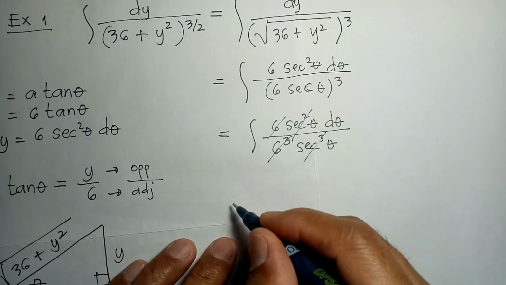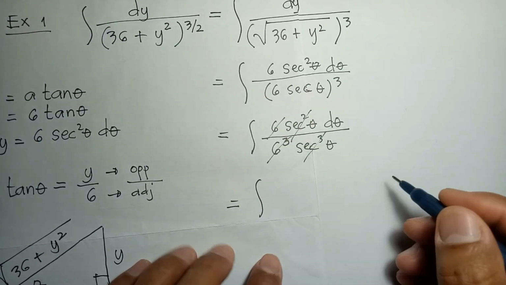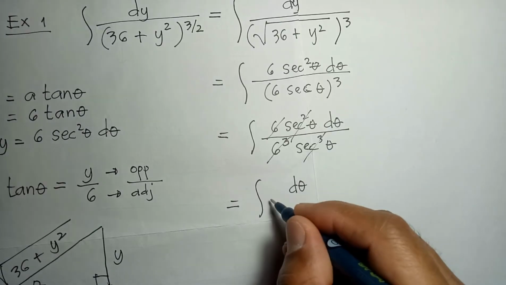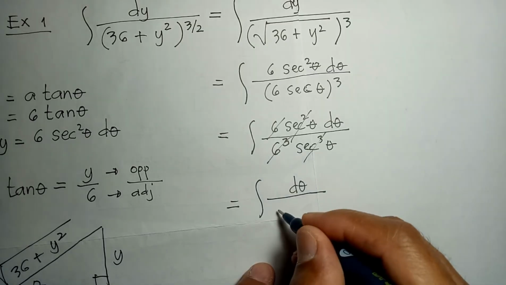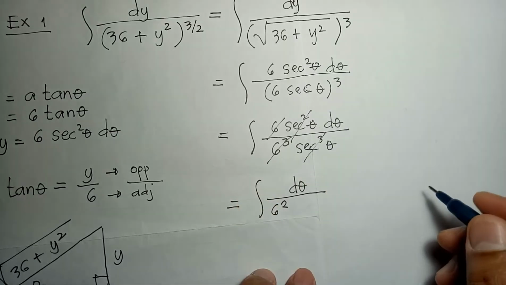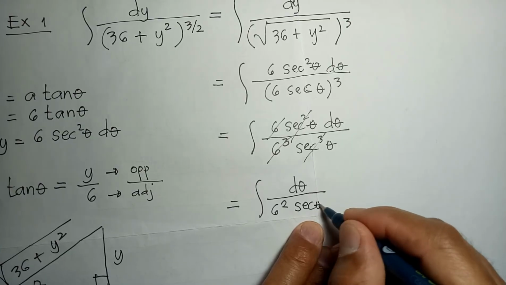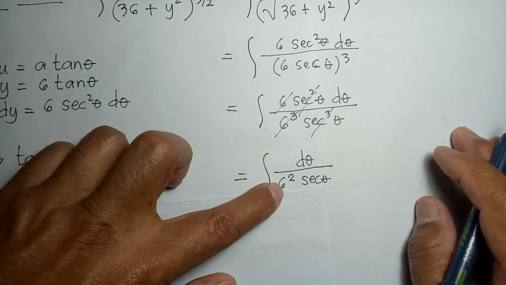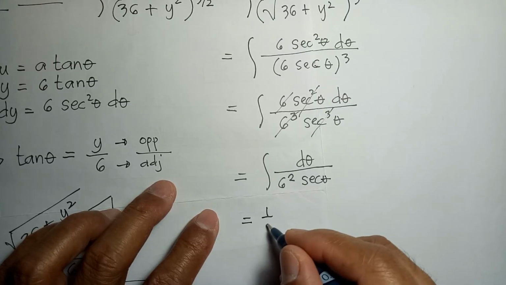So, yung mga natira na lang ay, we have the integral sign. Sa numerator, ang natira na lang ay d theta, divided by 6 squared. Dito naman, natira na lang siya ng secant of theta. Okay. So, yung ating constant ay 1 over 6 squared or 1 over 36. So, lalabas natin siya ng integral sign.